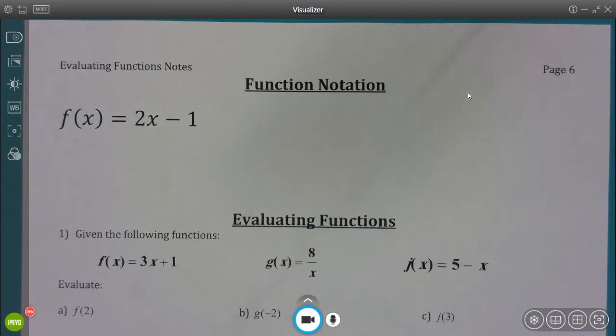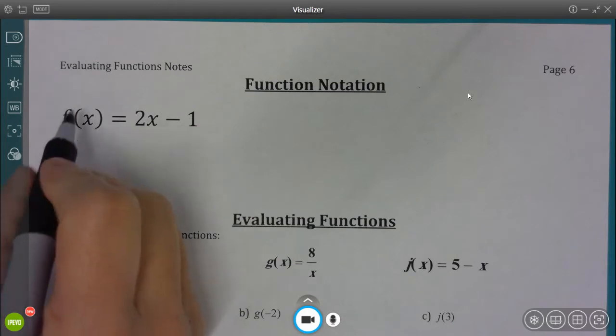This lesson is about evaluating functions and being able to use function notation. So we're going to start off by talking about function notation and what function notation is, what it represents, and how we use it.